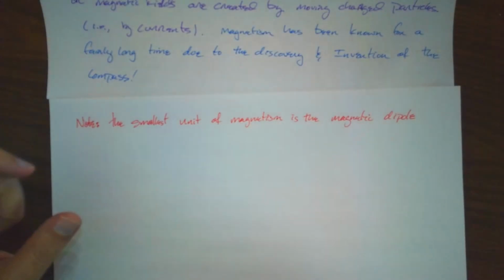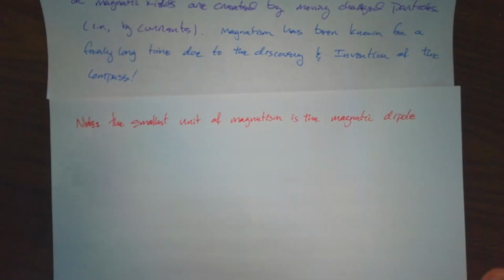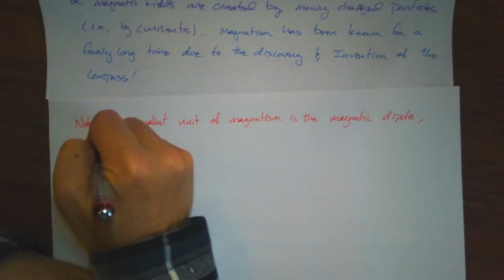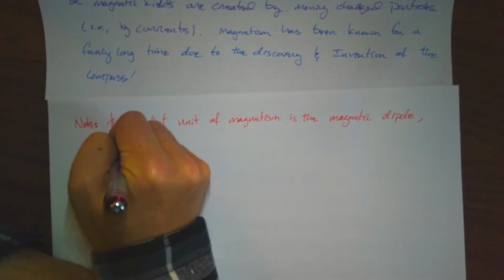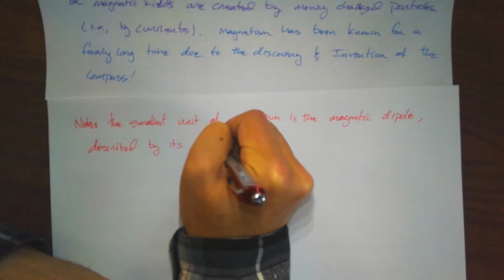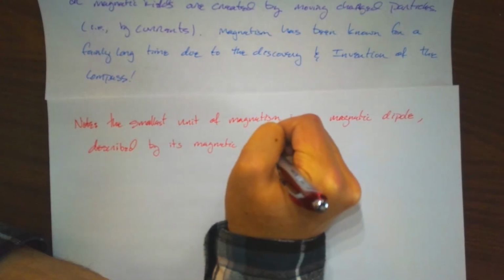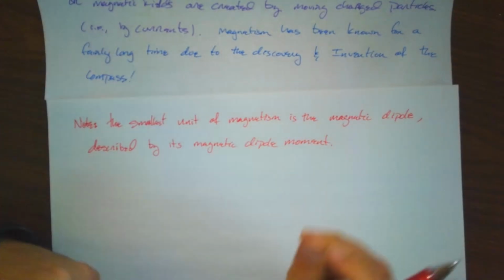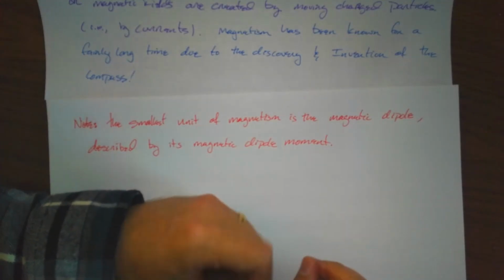So unlike charge, where you have a positive and a negative individually, with magnetism you always have the pair of poles always together. That's described by our magnetic dipole moment.